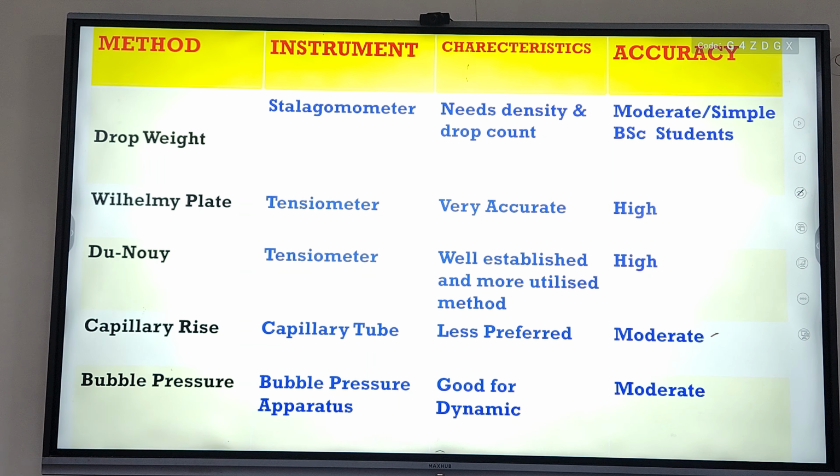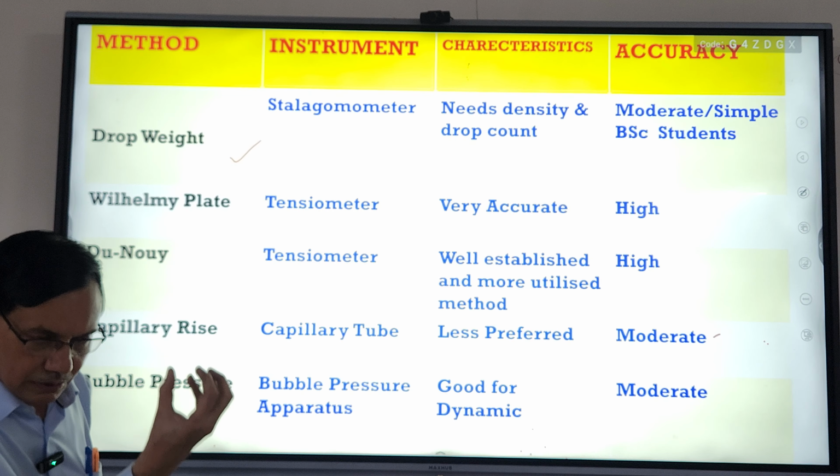It is the most simple method, and most colleges and schools use the stalagmometer. It is moderate and simple for BSc students. There is no problem. You can determine the surface tension of various mixtures. You can determine the surface tension of surfactants. But it is a drop weight method, and for that you have to calculate the density, because of the weight or mass of that drop.